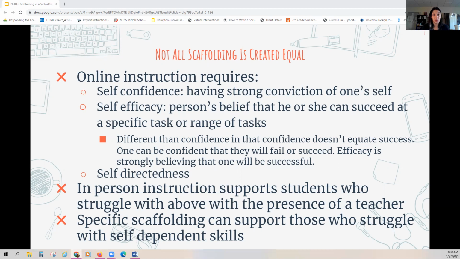You're missing those personal components when you're talking about virtual instruction. So if you have someone who is struggling with the 3 listed skills, there's a good chance that they are going to struggle in the virtual setting. Specific scaffolding can be put in place to help those who struggle.